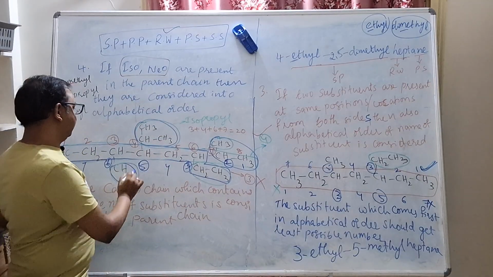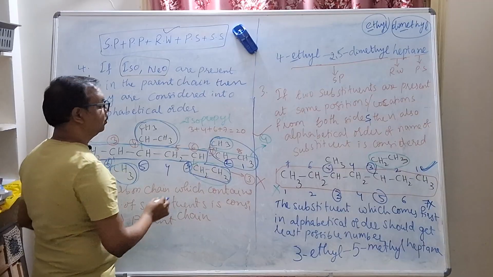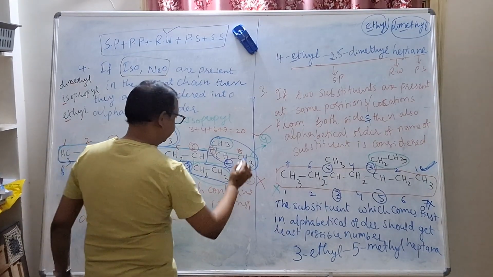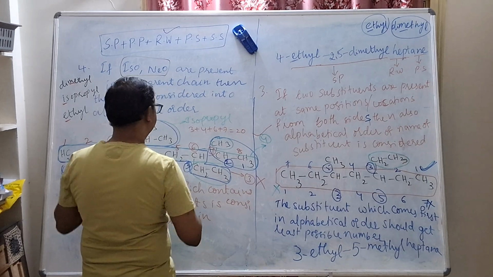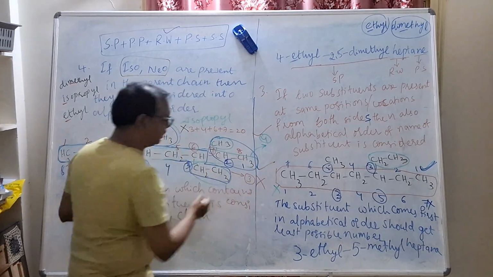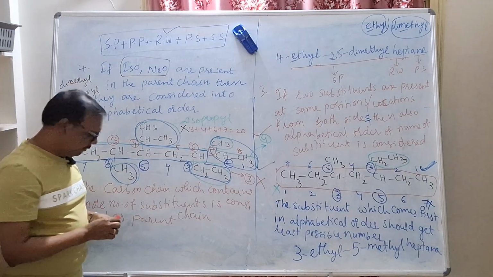Okay, then take the sum: 11, 11 plus 3, 14, 14 plus 2, 16. Therefore, the lowest sum, which one? This one is the lowest sum, therefore the other cannot be considered. And here, the numbering written in blue can be considered, we can say here, okay?